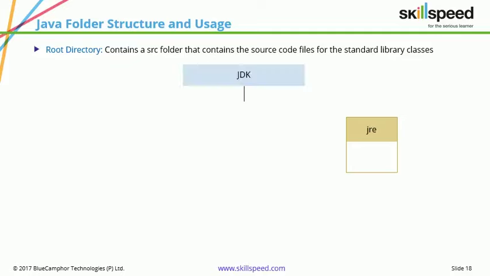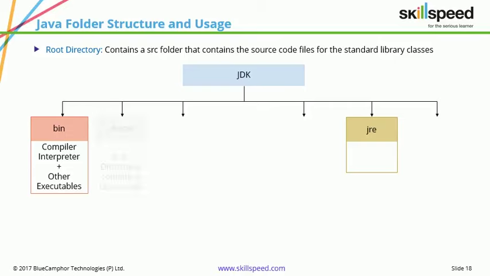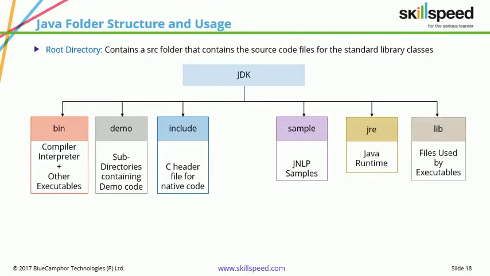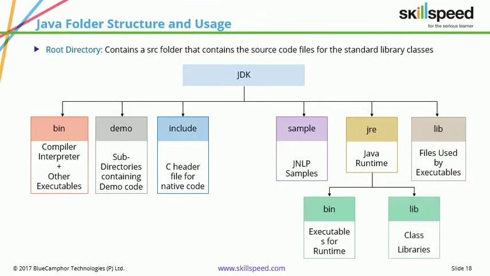From the JDK folder, you have a bin folder, a demo folder, an include folder, a sample folder, a JRE folder, and a lib folder. Inside the JRE folder, you once again have a bin folder and a lib folder.